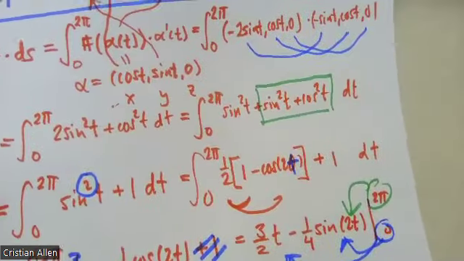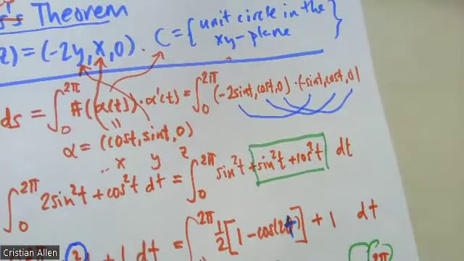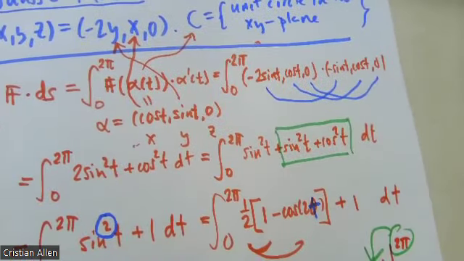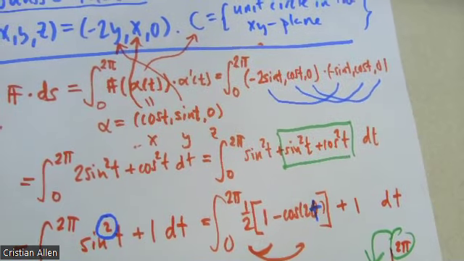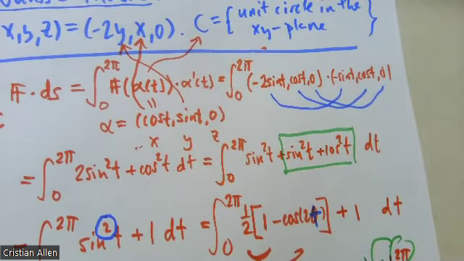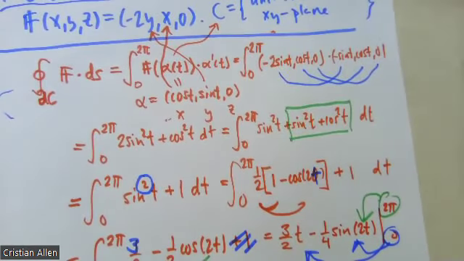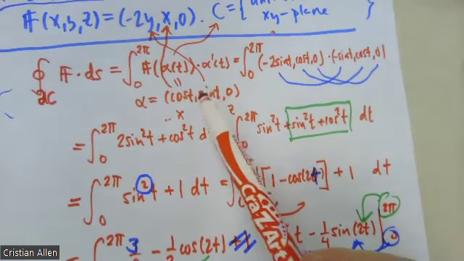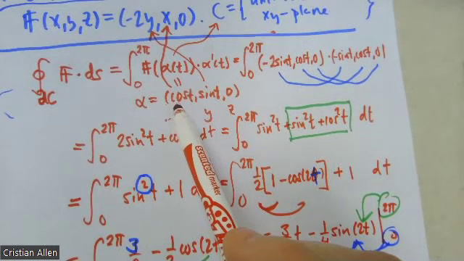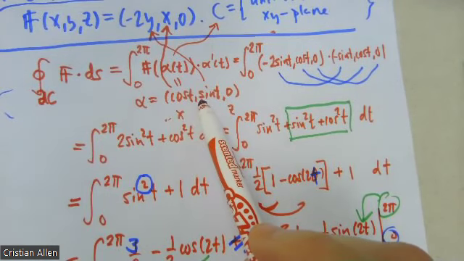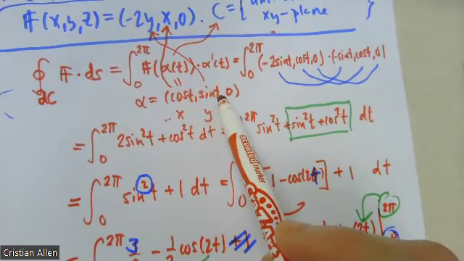It could be that we had this one wrong. Let's see. If we go back here, this was the line integral. So alpha was cosine, sine, 0.